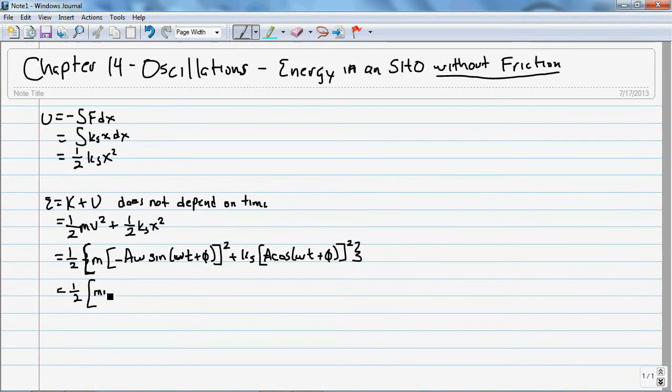I have m omega squared a squared sine squared omega t plus phi plus k of the spring a squared cosine omega t plus phi. That should be cosine squared.